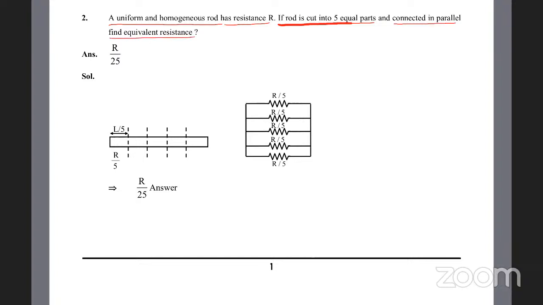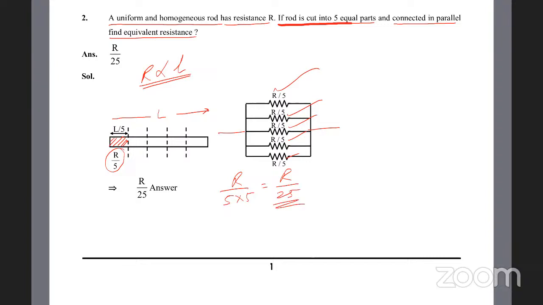Suppose we have a rod of length L. It is cut into 5 equal parts, each of length L by 5, which means resistance is R by 5 because resistance is proportional to length. So R by 5, R by 5, R by 5, R by 5, R by 5 connected in parallel. So the answer is R by 5 divided by 5, that is R by 20. This is also a very easy question from current electricity.